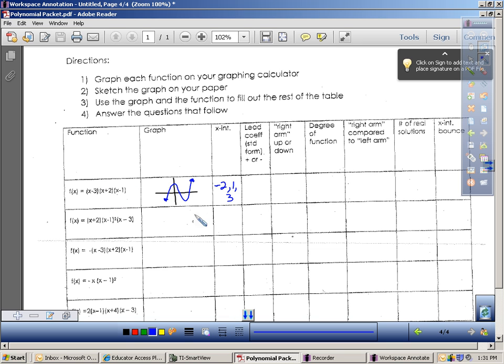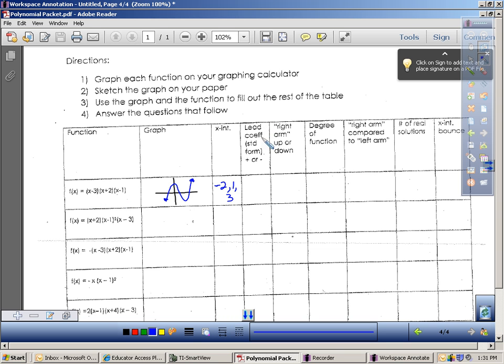You might be like, wait a minute, -2, +1, +3. If I put -2 in here, I get 0. If I put 3 in here, I get 0. And if I put 1 in there, I get 0. Well, there's my x-intercepts. So that might help you understand why this graph crosses the x-axis at these points. You can kind of see it in the equation.